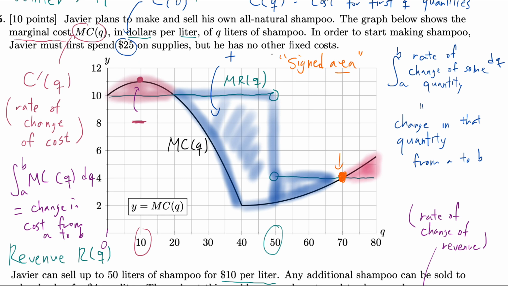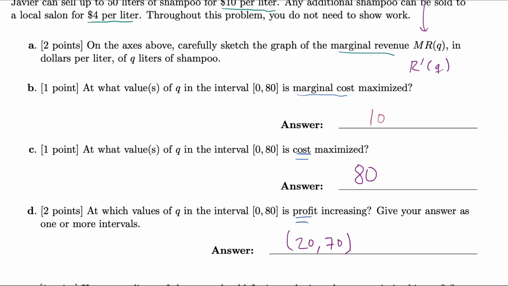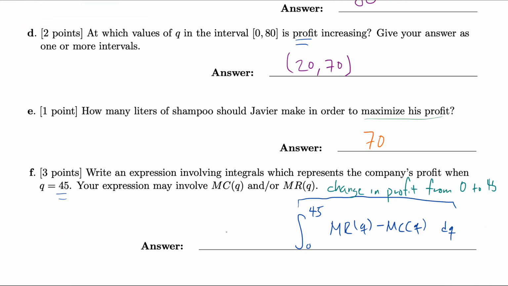So we actually have a fixed cost of $25. So you're actually starting in the negative. We want to start at negative 25. And after that, we're making this much more money, or maybe this much less money. So your total profit by the time we get to a quantity of 45 should be negative 25 plus this integral.